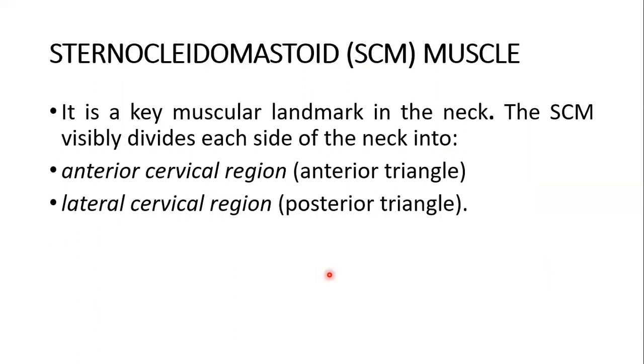So now this was a brief overview of the cervical region, the lateral side, the posterior side, the anterior side, right? And the sternocleidomastoid, I told you, and we'll study some aspects of the sternocleidomastoid muscle and diseases as well, like torticollis, and the trapezius as well.